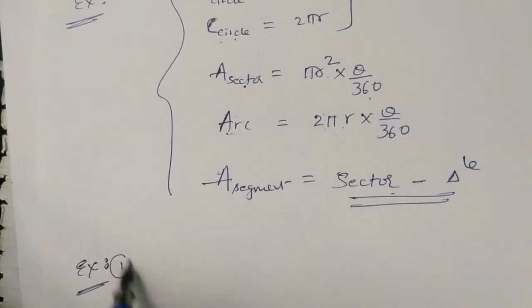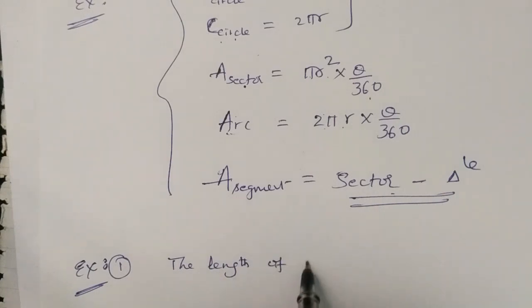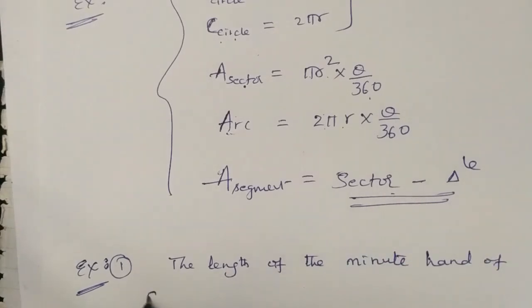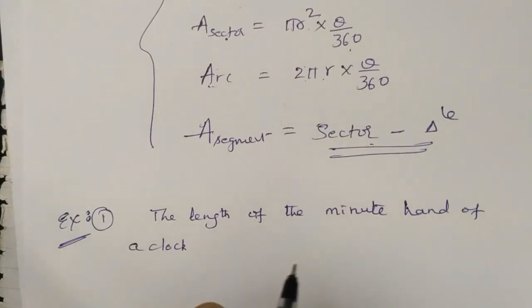Example problem 1. The length of the minute hand of a clock is 14 centimeter.